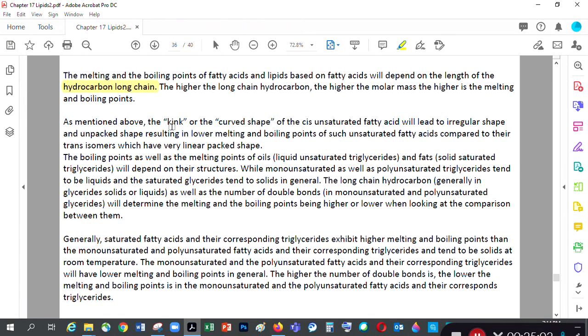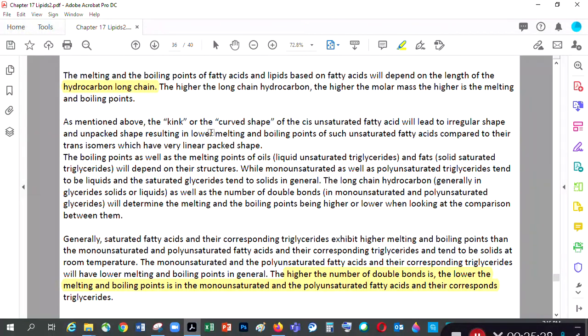And we have talked about the fatty acids, saturated versus unsaturated, monounsaturated, and polyunsaturated. And we said the more unsaturation we have, the more double bonds we have, the lower the melting point and the boiling point. That's very important for unsaturation.